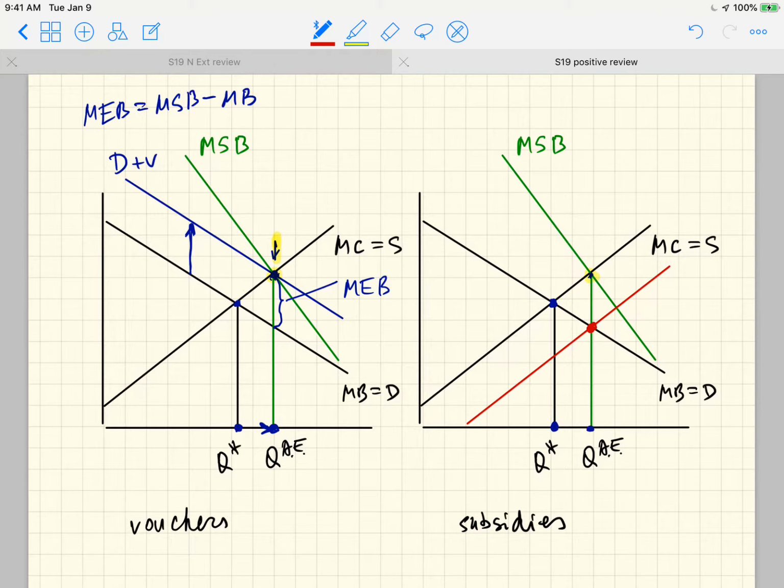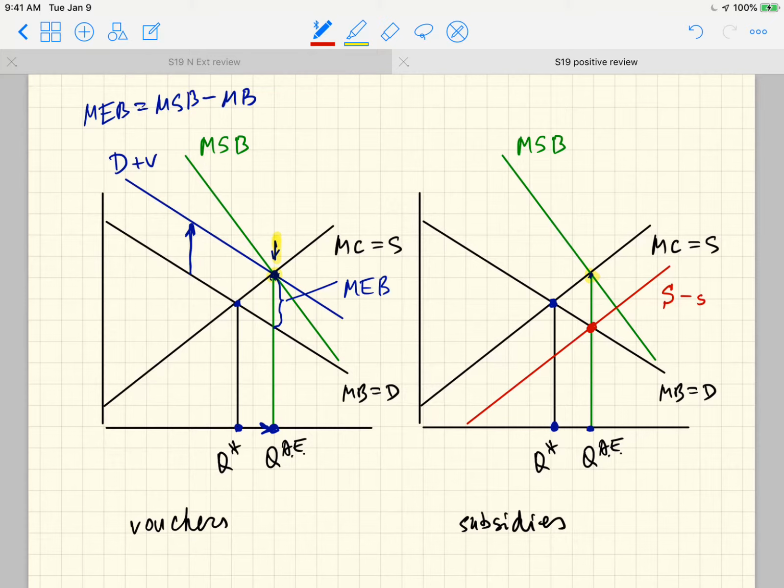So remember, as we're taxing or giving subsidies or vouchers, we are adjusting equilibrium. We're not destroying it. Okay, so that will be S minus small s. So large S is for supply and small s is for the subsidy.